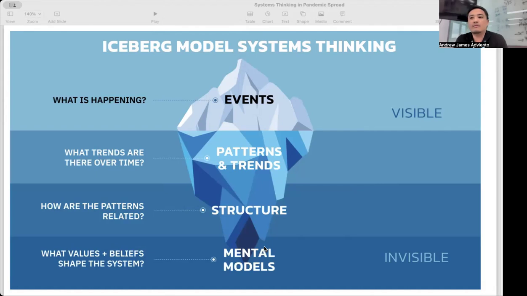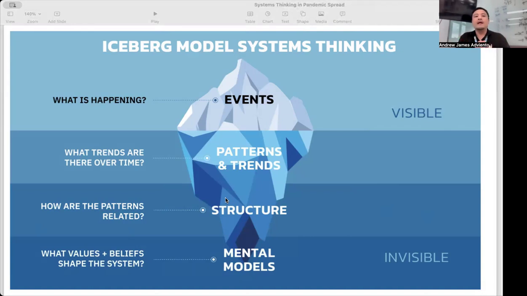So they don't consider that. They just see that the government is doing this, so I can do this. Something like that. I don't know if that's making sense. But that's how I analyze, or maybe an example related to values and beliefs that shape the system.